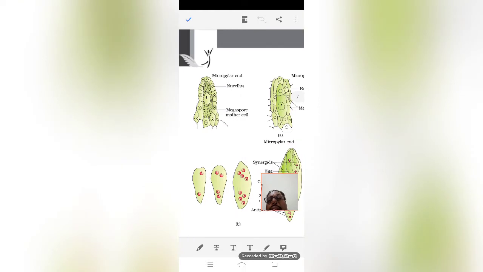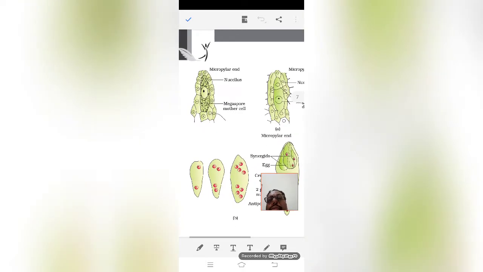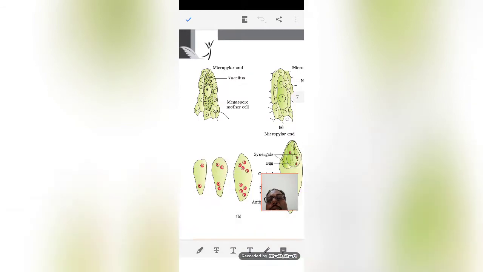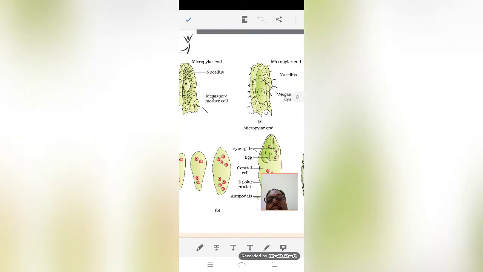The diagram is very clearly given here. So this megaspore mother cell is this one. This is one cell, and this nucellus will divide into a megaspore mother cell, and this megaspore mother cell undergoes division.